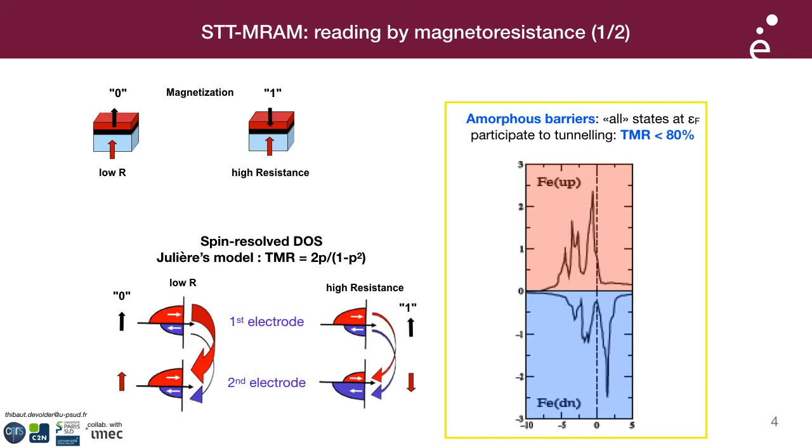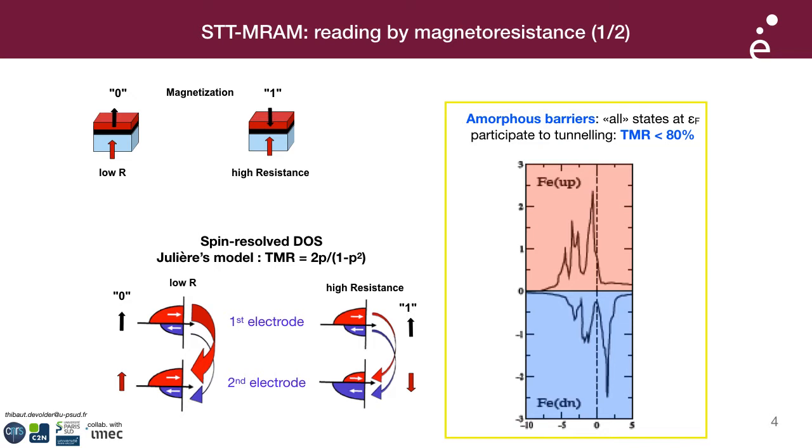And overall, if you compare the amount of current flowing in the parallel state and in the anti-parallel state, they differ, which yields the magnetoresistance, which is essentially to first order proportional to the spin polarization at Fermi level inside the ferromagnetic electrodes. And so this was Julliere's model from a long time ago.